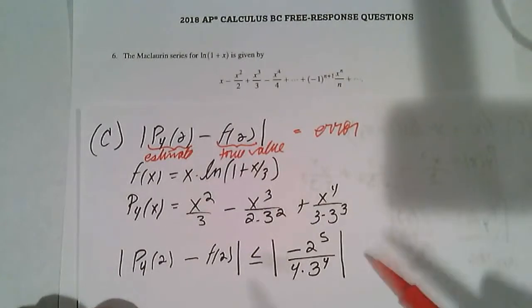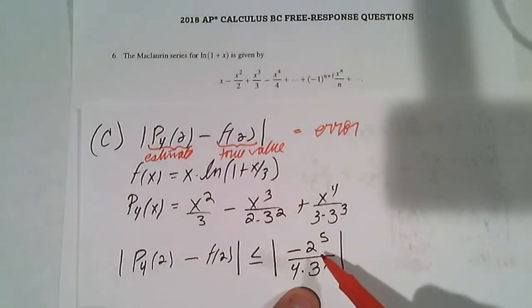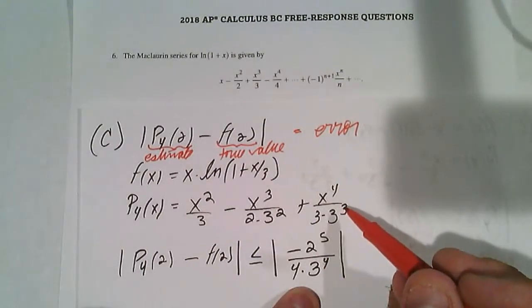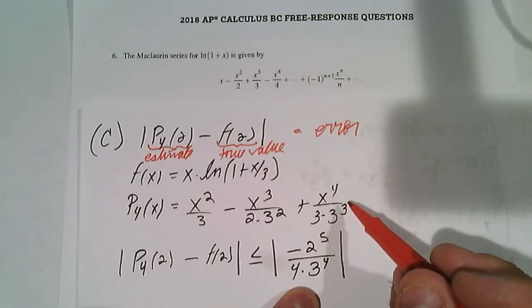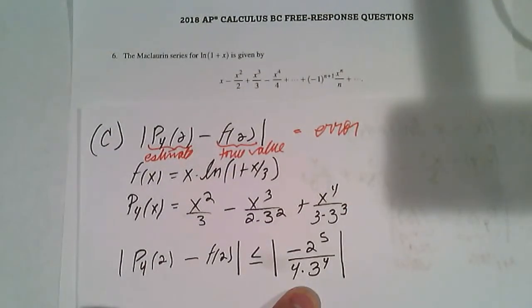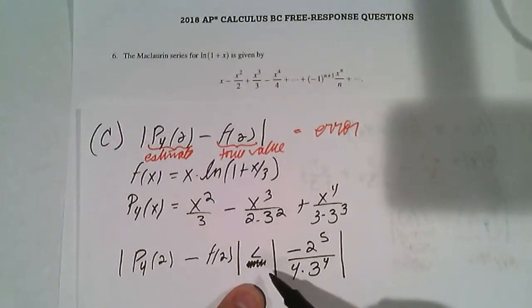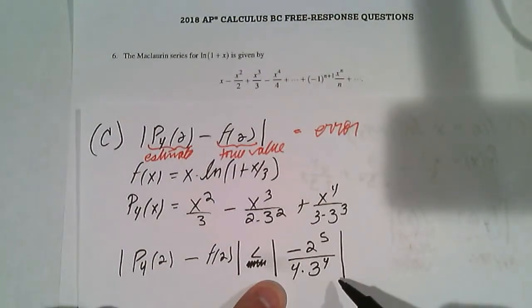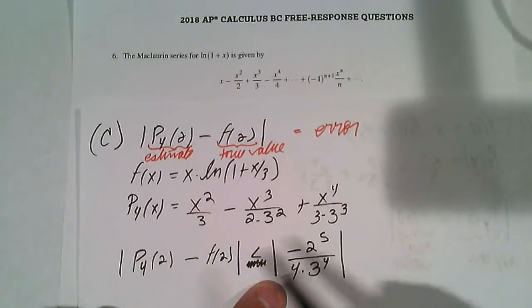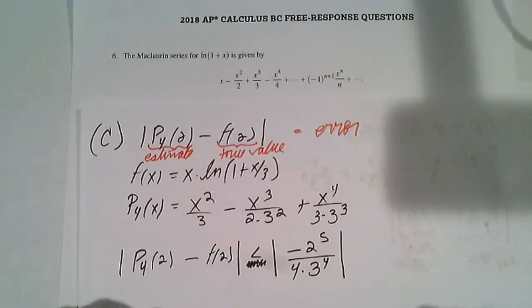This guy here is your degree 5 term in your Taylor polynomial or Maclaurin polynomial expansion. And it's always true in the alternating series that the difference between your estimate and the true value is actually strictly less than, not less than or equal to, less than the absolute value of the next term evaluated at that point I'm trying to approximate.